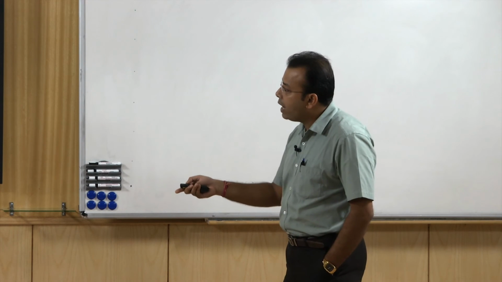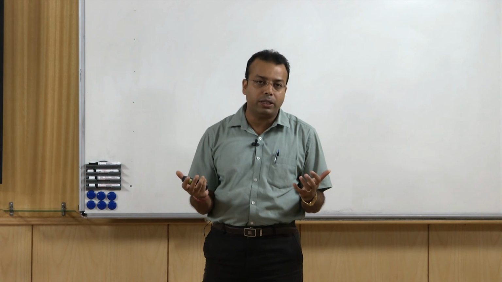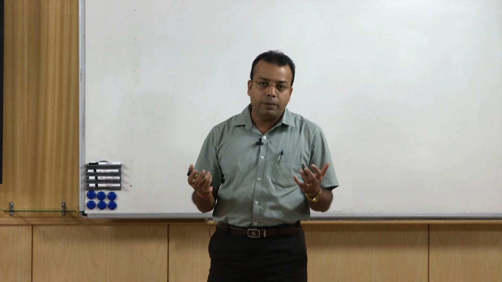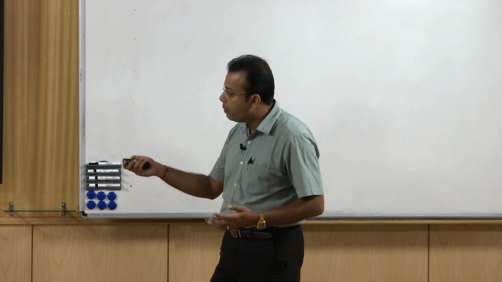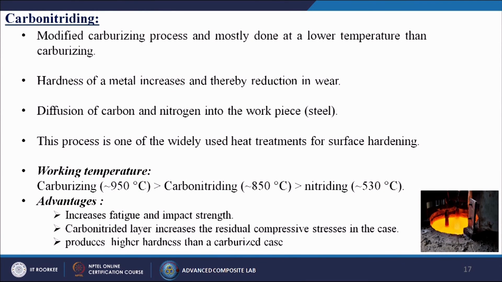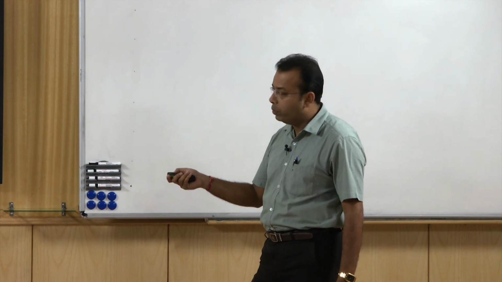For carburizing we use a temperature around 950 degrees centigrade, for carbonitriding around 850 degrees centigrade, and for nitriding up to 530 degrees centigrade. It depends upon the melting temperature of that particular material. If your melting temperature is low then you can go for nitriding or carbonitriding, and if it is high then you can go for carburizing too.